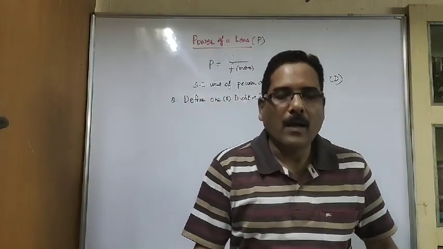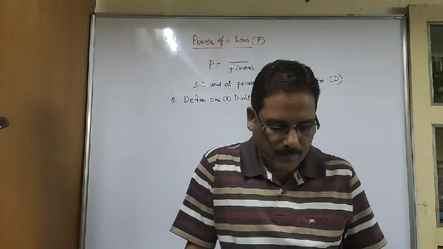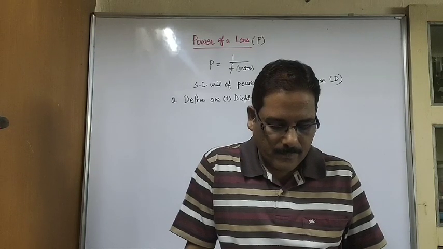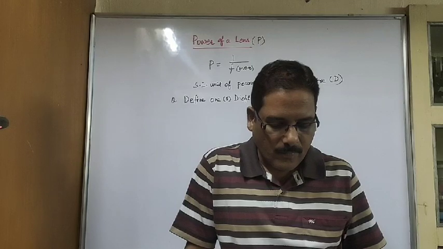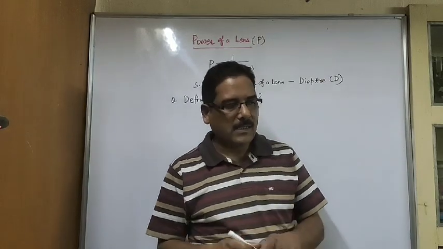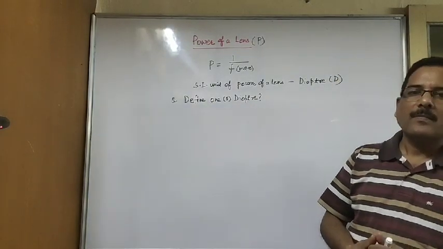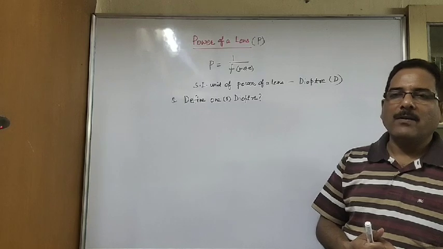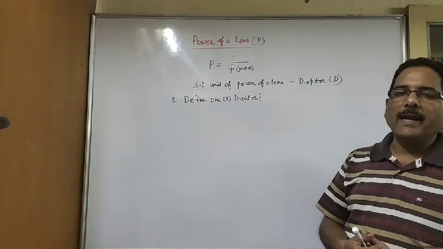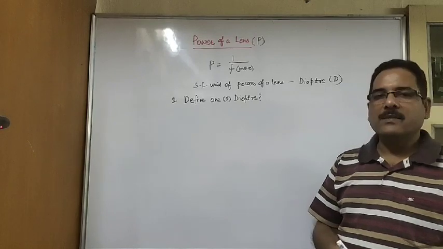So write an answer for it. One diopter is the power of a lens whose focal length is 1 meter.